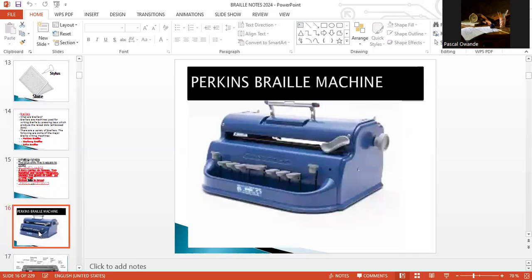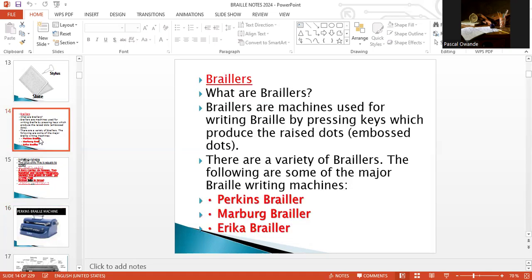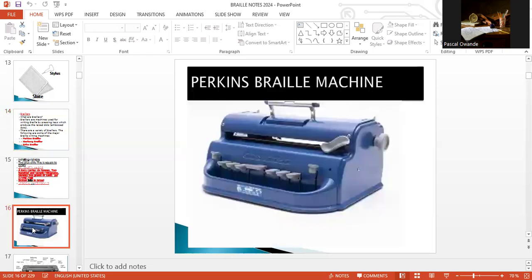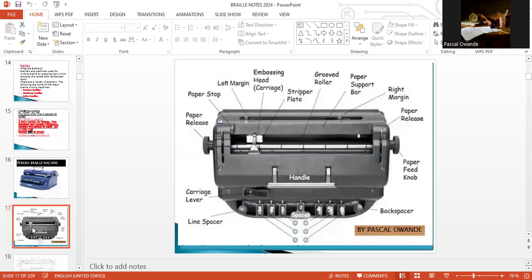Just as I've talked about the Braillers, the number one type of Brailler is the Perkins, and this is how the Perkins Braille machine looks. Allow me to take you through the parts of the Perkins Braille machine and probably the function of those parts.